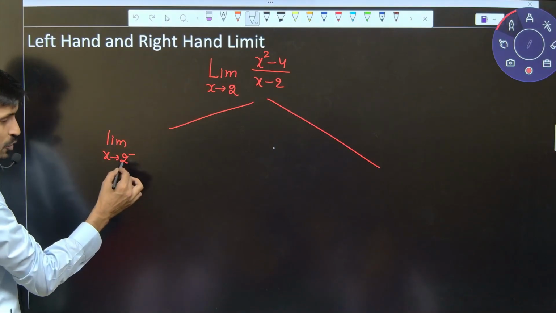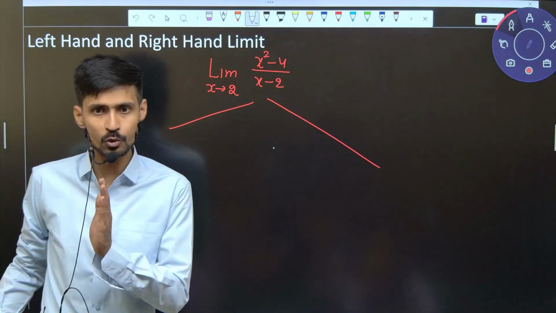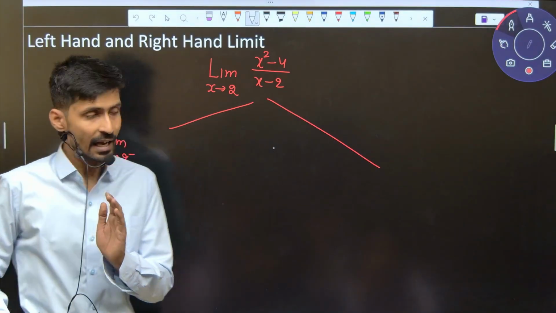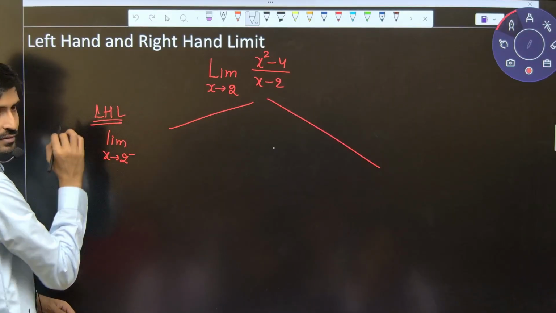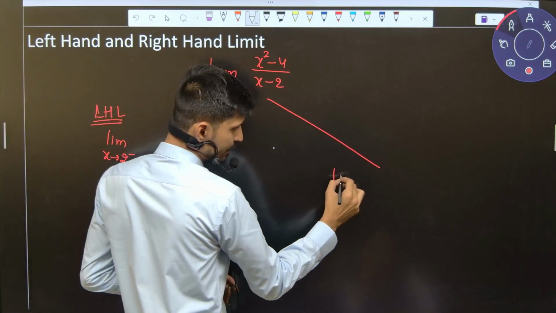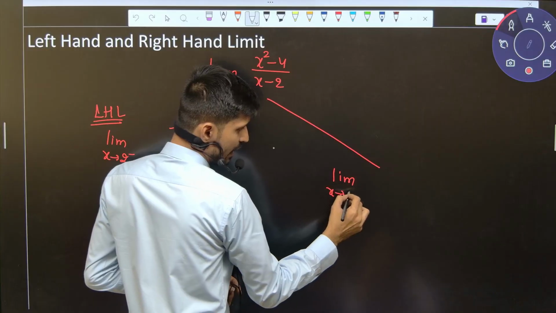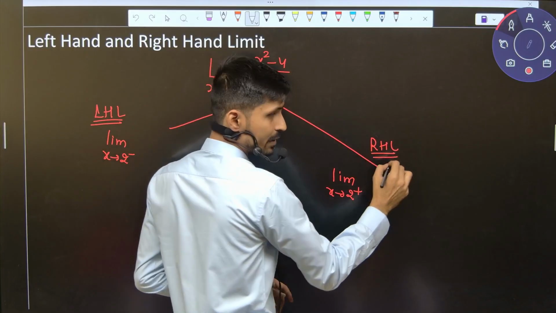So x tends to 2 minus means 2 minus is a number which is approaching towards 2 from the left side, and that's why we say left hand limit. And I will do the same calculation for limit x tends to 2 plus, and that will become the right hand limit.